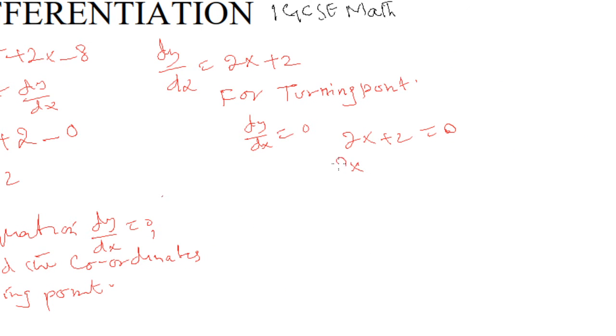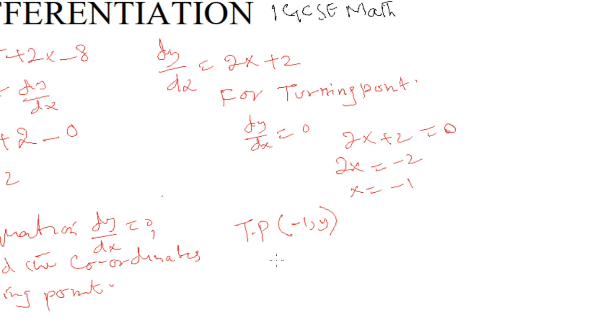Let's solve this. 2x is equal to minus 2, and dividing by 2 we get minus 1. So that is the x coordinate for the turning point. So turning point TP, x value is minus 1.